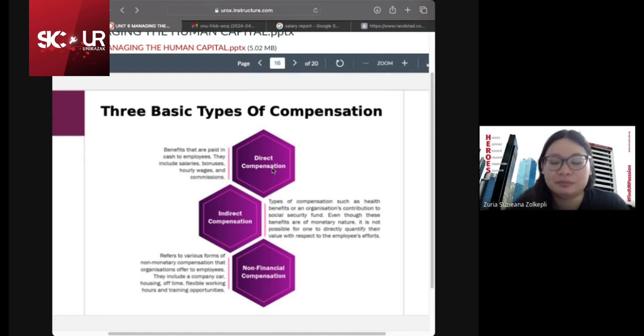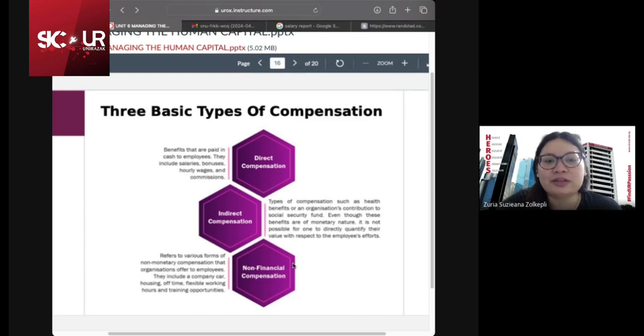Hourly wages, commission, and so on. Indirect compensation can be, for example, health benefit. It can be your medical, all those claims, all those things. This one is indirect.